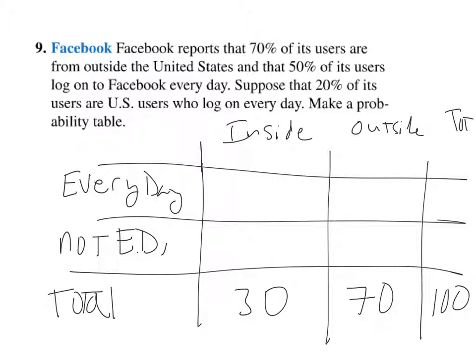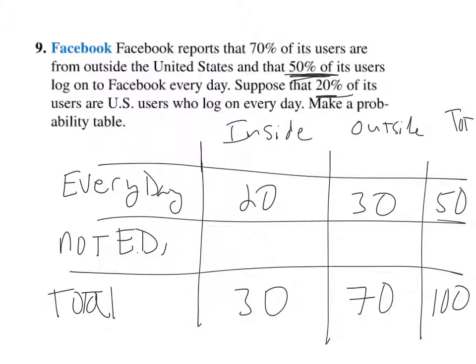Let's see what else. Then suppose that 20% of its users are U.S. users that log in every day. So I know that every day inside, that's 20. And I know that 50% of the users log on every day, so that must mean 30% are outside.